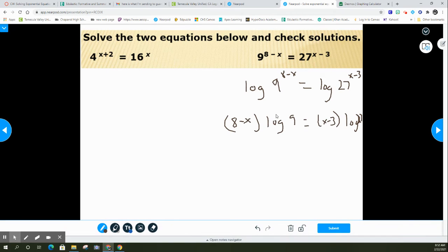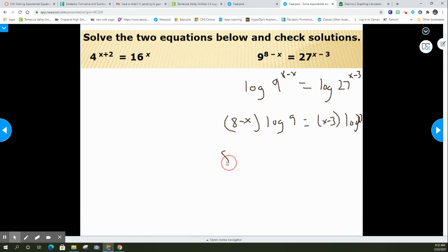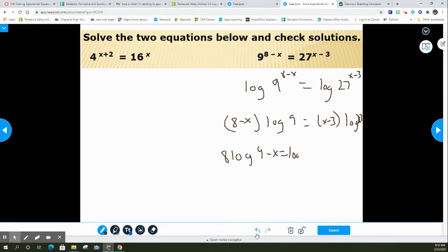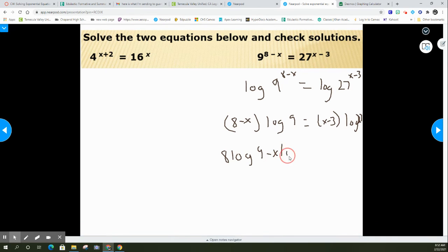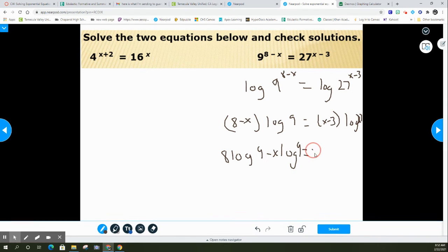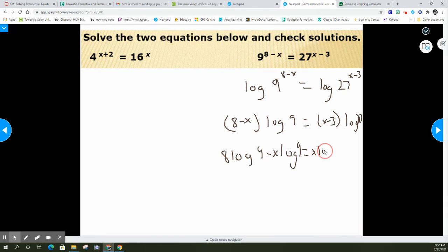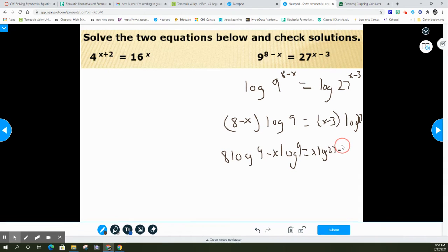So now log 9 is an actual value. I could distribute this, so it's 8 log 9 minus x log 9, equals x log 27 minus 3 log 27.